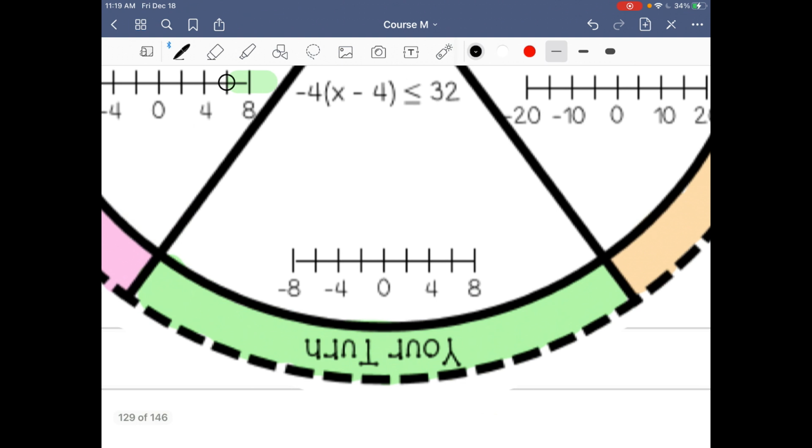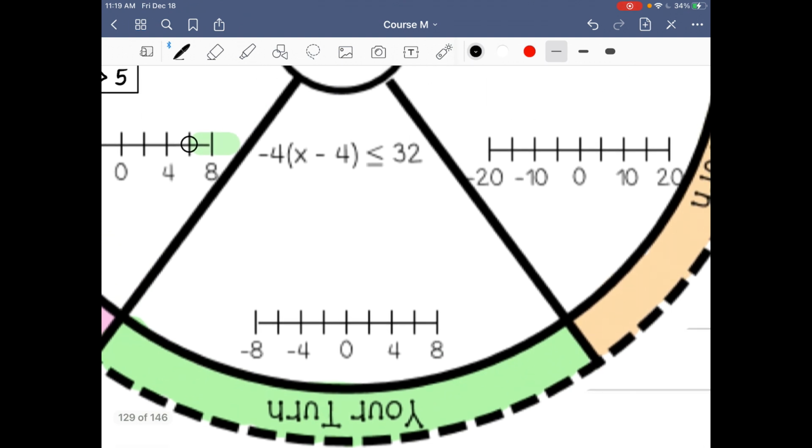Your turn. Distribute. Negative 4 times x is negative 4x. Negative 4 times negative 4 is positive 16, less than or equal to 32. Power T, variable and constant. So I'll move the 16.